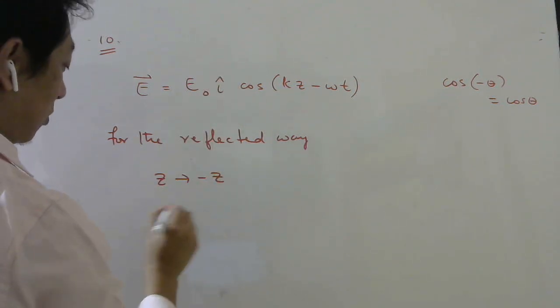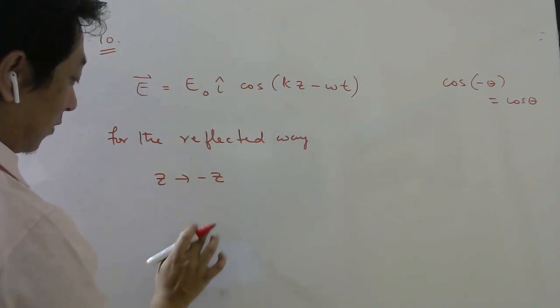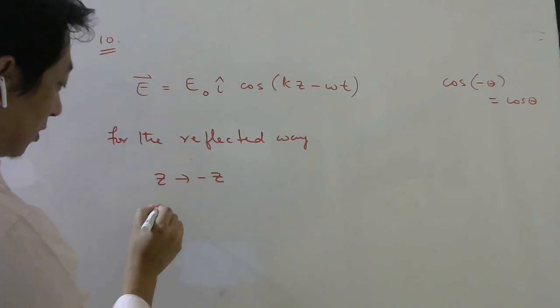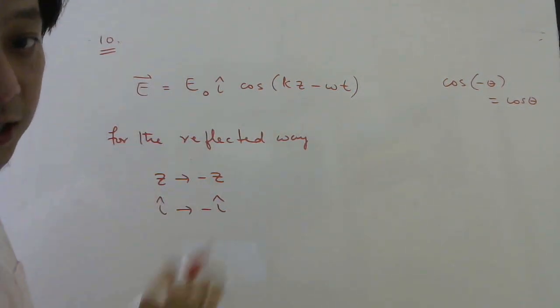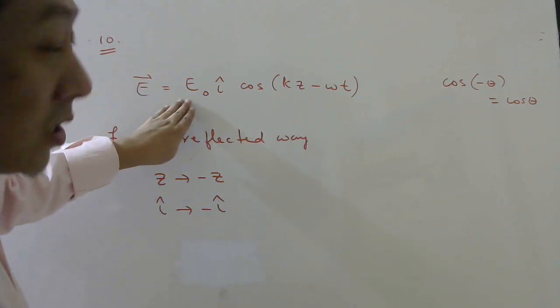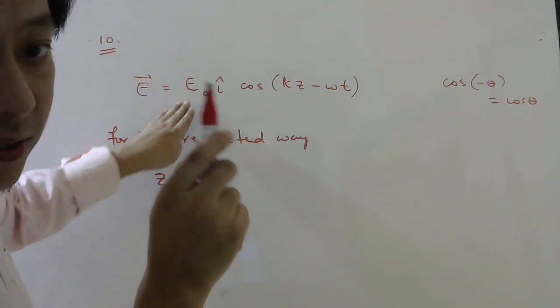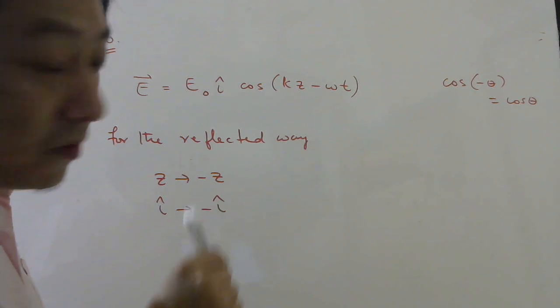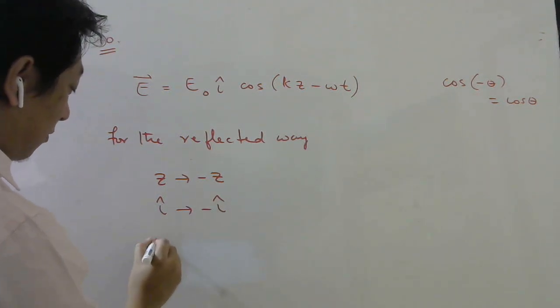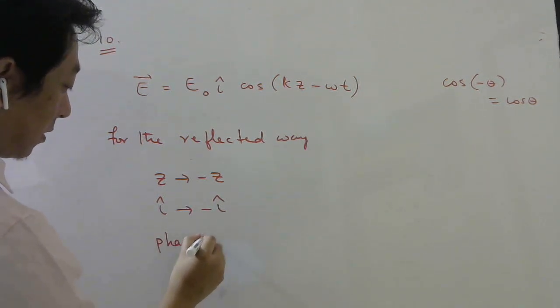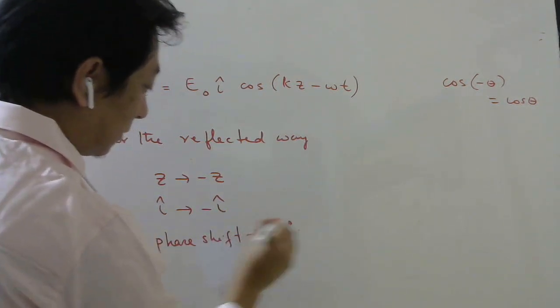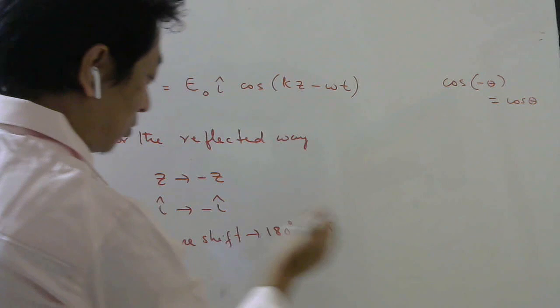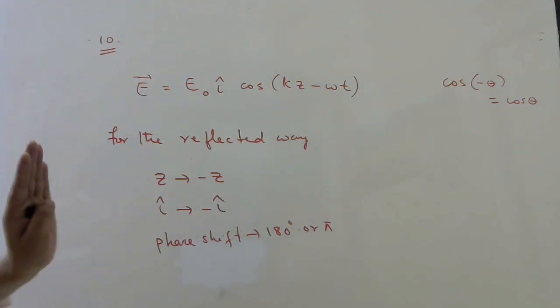Your i cap will be replaced by minus i cap, because if it was oscillating along the positive x-axis, the reflected will be along the negative x-axis. And there will be a phase shift of 180 degrees or pi. So these changes we have to do to this light.